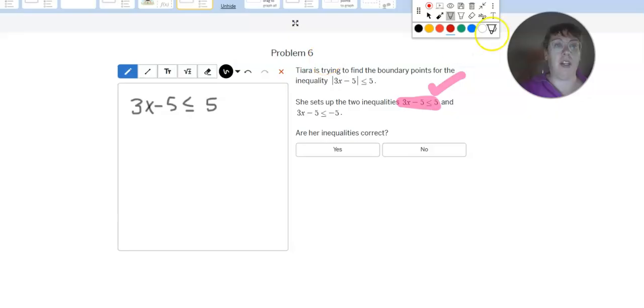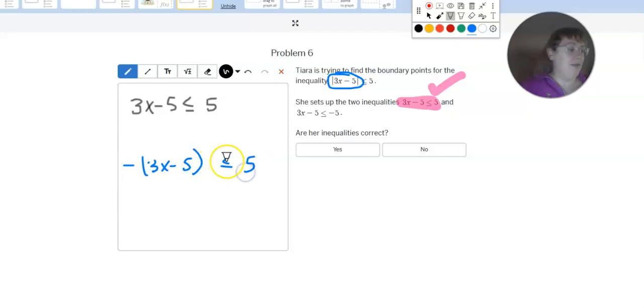The second one, what we change is we take this side in the bars and distribute a negative sign. So it would be negative 3x minus 5 less than or equal to 5.